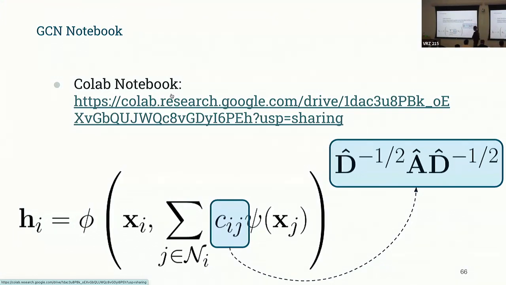Because if you think about how the message passing layer works, we consider just one edge, right, between two nodes. And the idea is that the connection with this edge is represented by a single edge index or a single adjacency matrix, right?